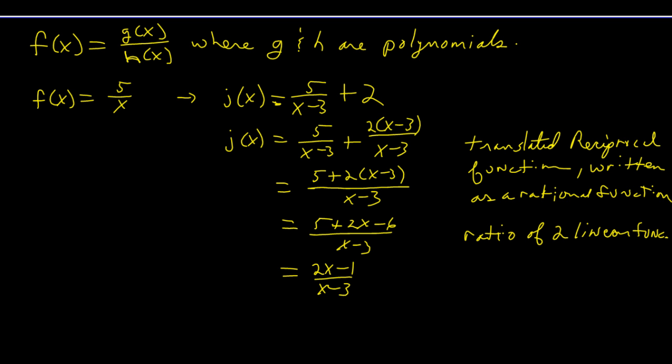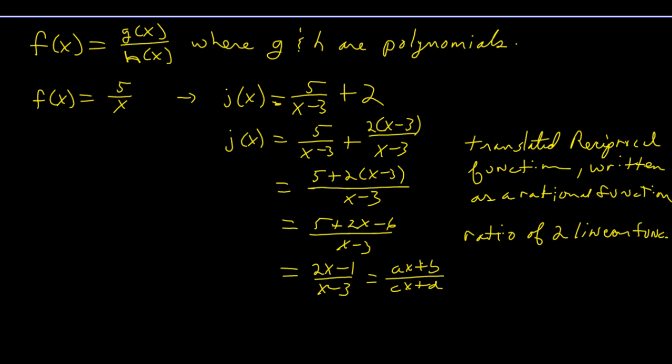In other words, 2x minus 1 is linear. Y equals 2x minus 1 would give you a straight line. X minus 3 is linear. Y equals x minus 3 would give you a straight line. We're going to think of those in terms of ax plus b over cx plus d, two linear equations.